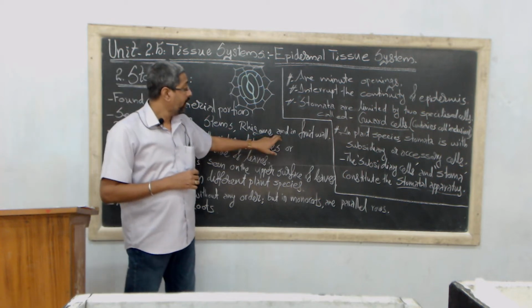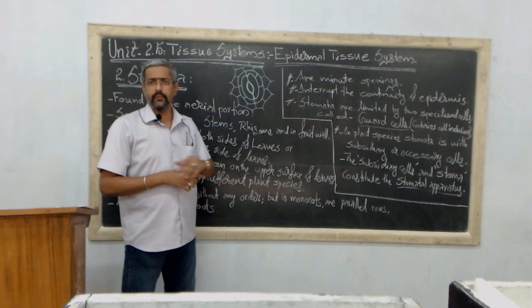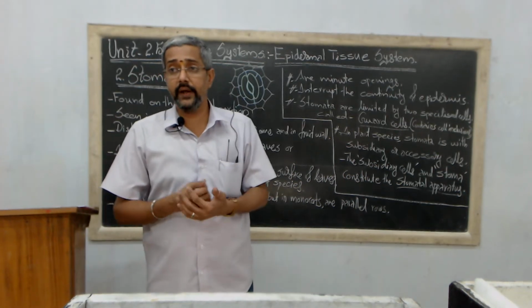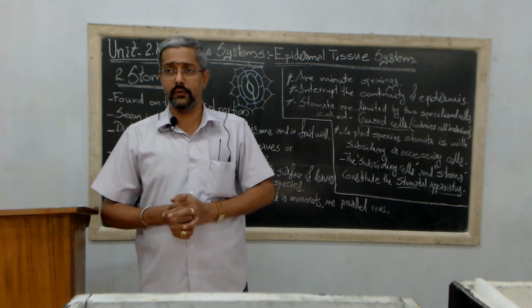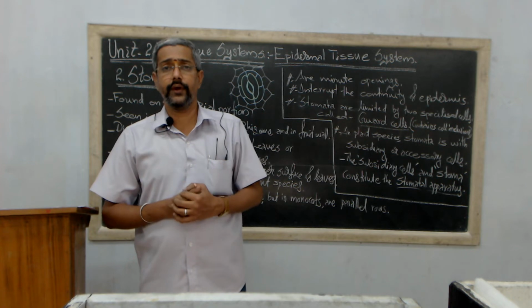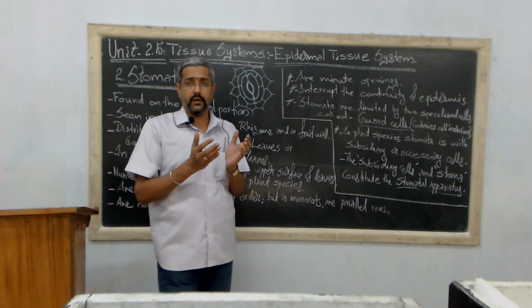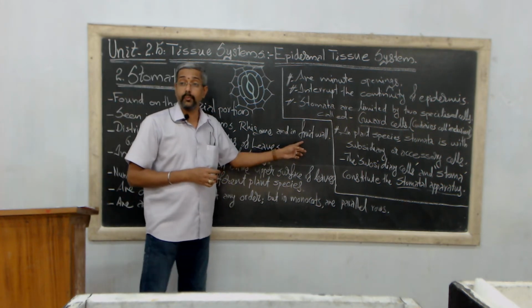And in fruits also, in some fleshy fruits, for example in apple, we can observe the presence of stomata on the outer peel of the fruit.